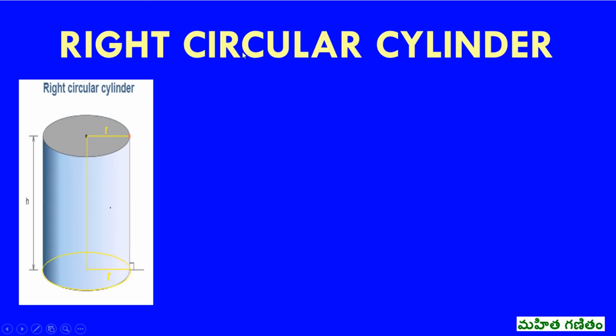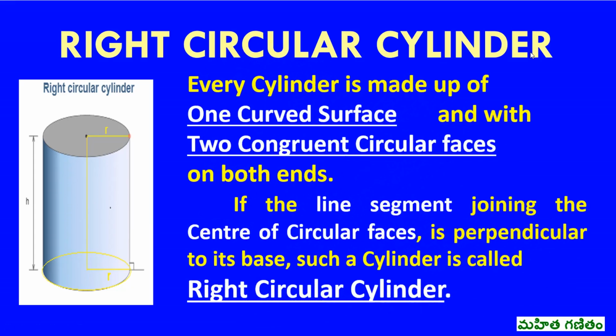This is a right circular cylinder. What is a right circular cylinder? Every cylinder is made up of one curved surface and two congruent circular faces. This is one circular face, and this is another circular face at the bottom.